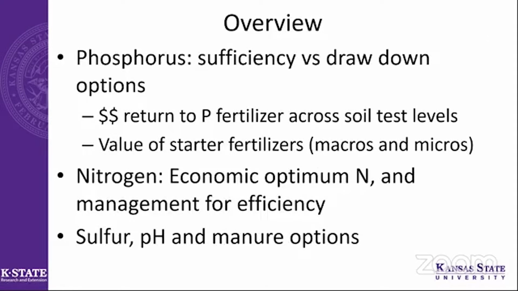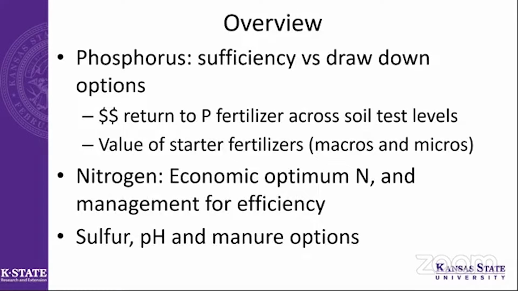Okay, so again, those are the key topics I like to talk about: phosphorus, options for management, sufficiency versus drawdown options that we have, and putting that in perspective from the economic standpoint.